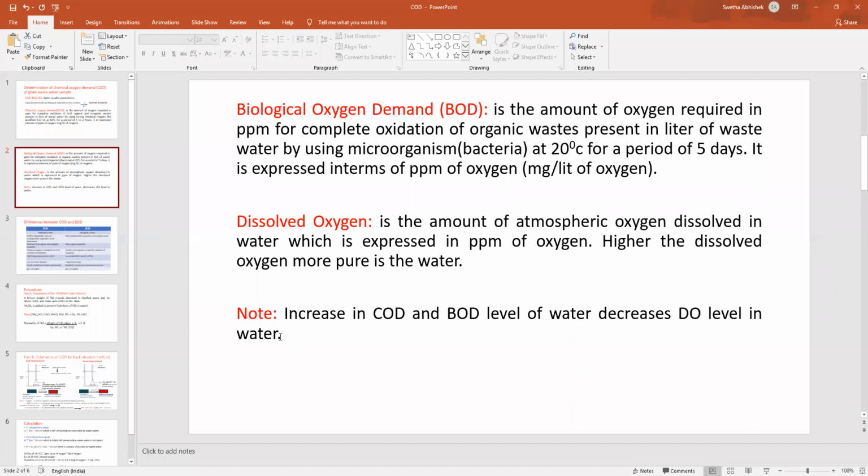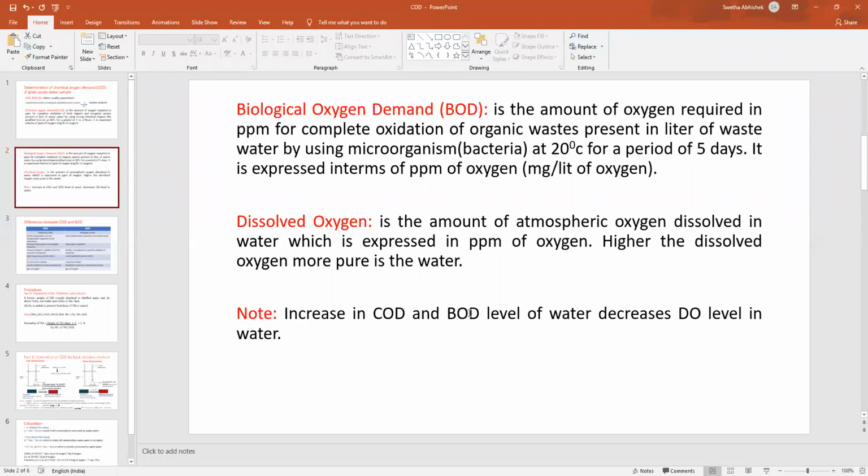COD and BOD levels increase with increase in contamination, and if they increase, definitely DO level decreases. So this is how COD and BOD can affect aquatic life.